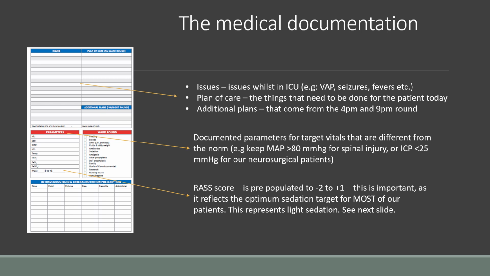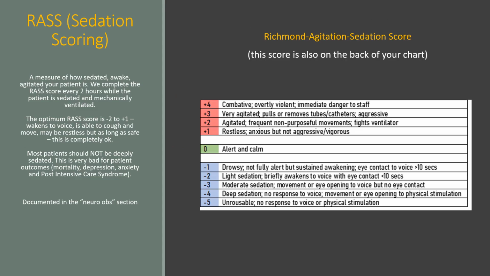Because this represents something called light sedation, which I'm going to talk about next, but it's really important for our patients. So as I've just talked about, RAS, which is sedation scoring, this is the Richmond Agitation Sedation Score. This is also on the back of your chart in the reference section. It is a measure of how sedated or awake or agitated your patient is whilst they're on sedation.